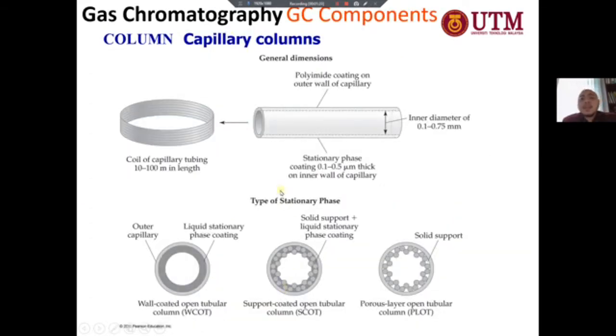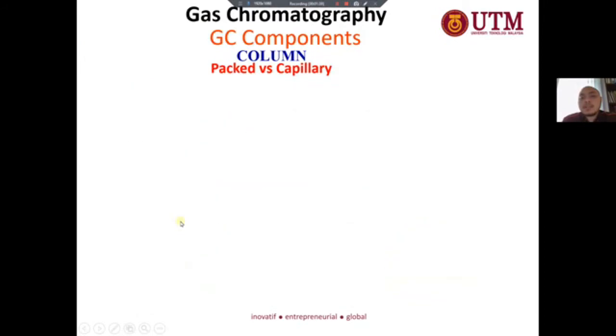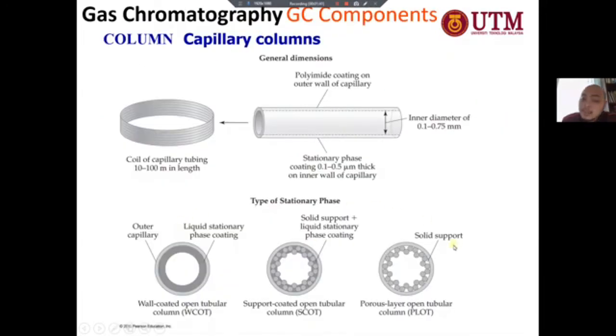Alright, let's look into the wall coated, solid coated, and porous layer open tubular column. Here is the cross section. I think we already described this, so here is again the repetition of those illustrations.